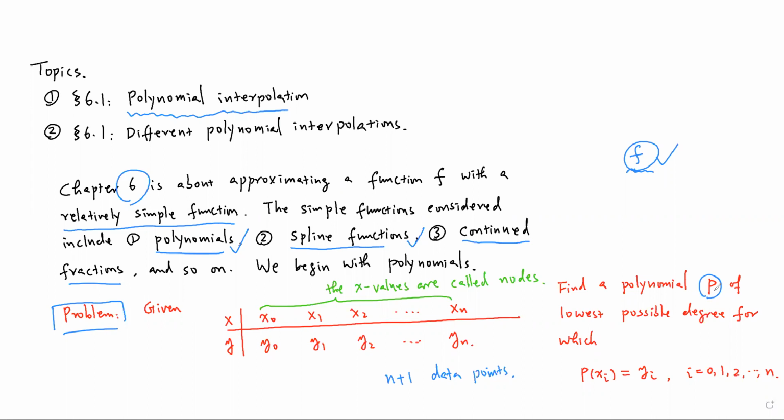So, two situations about function f. If we don't know f, then P is a recovery, a reconstruction of function f. If we know function f, then P is an approximation of function f. Okay, now we want to solve this problem: given a table of some data, find a polynomial passing through all the data points.